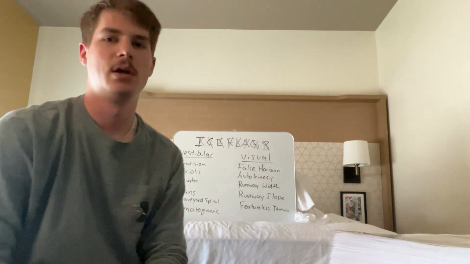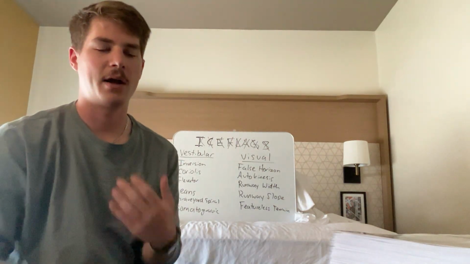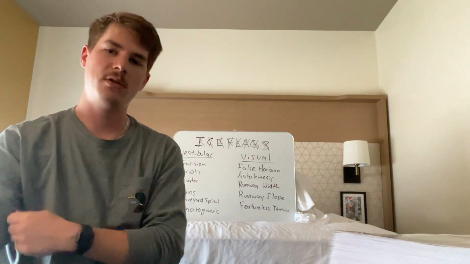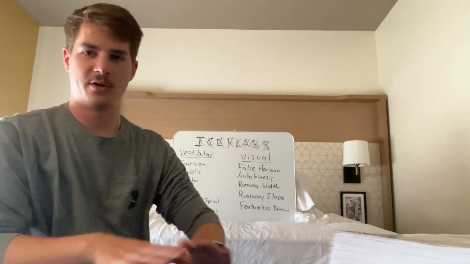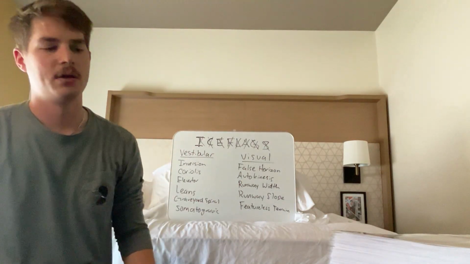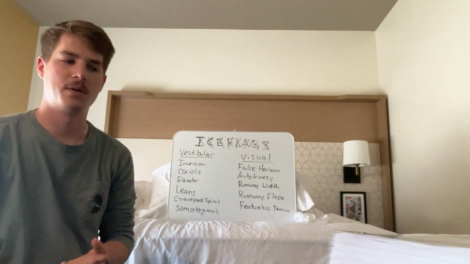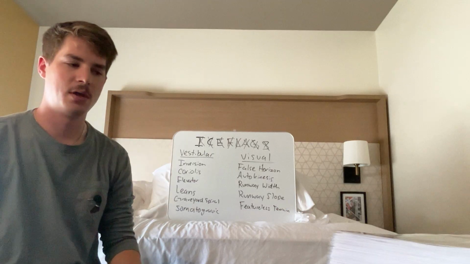And then lastly, we have featureless terrain, which is going to be terrain surrounding the runway that causes a lack of depth perception. So this would be water with no wind, so very still water. It could be a fresh blanket of snow. Anything that eliminates features that allow you to gain depth perception on how high you are.